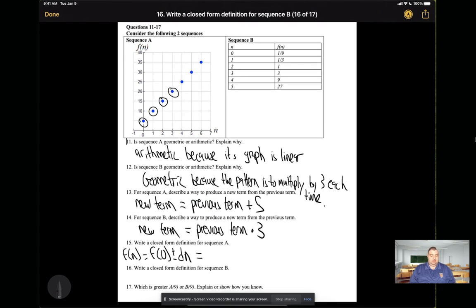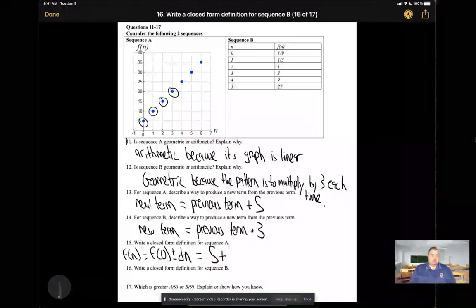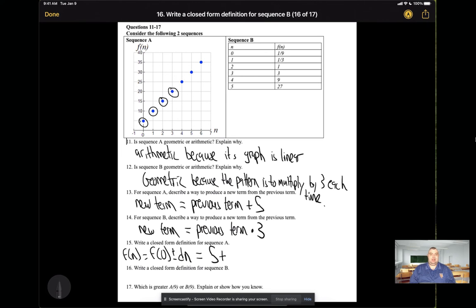So if I plug that in, f of 0, what's my starting term? My starting term is 5. It's an increasing sequence, so I'm going to choose plus. And d, what is my common difference? What am I going up by each time? I'm also going up by 5. So my closed form definition is 5 plus 5n.